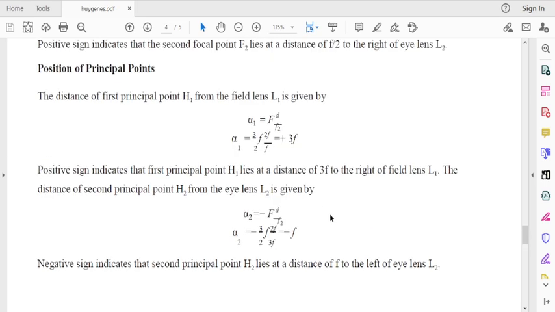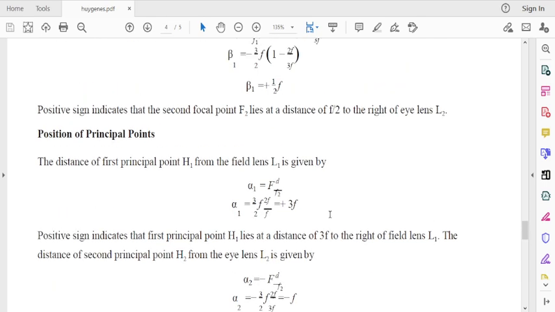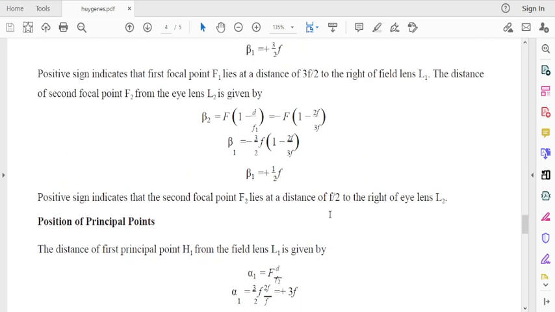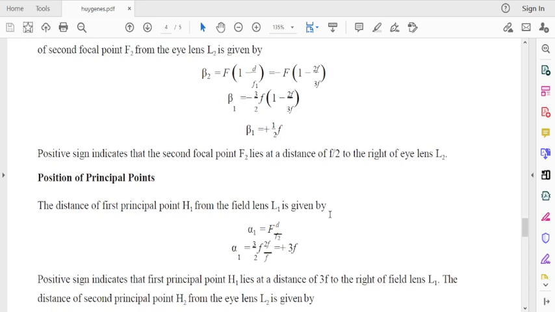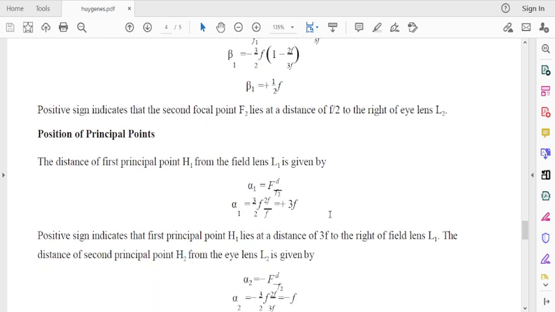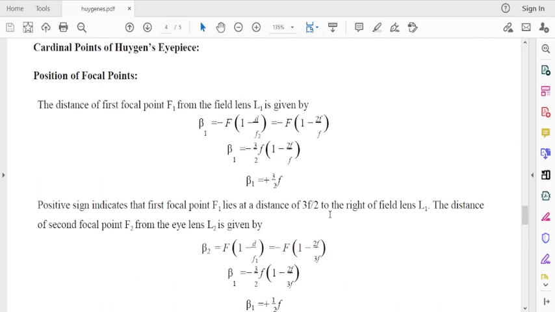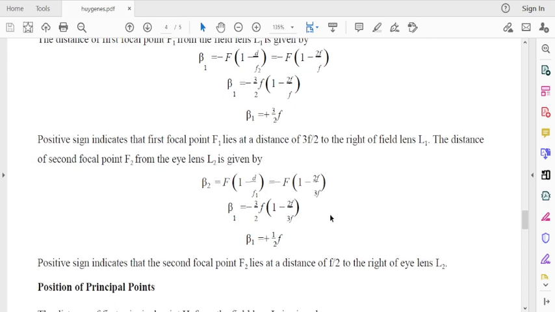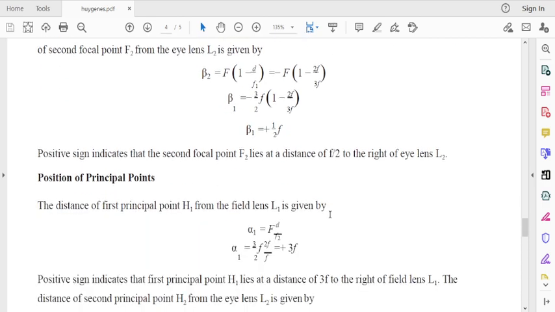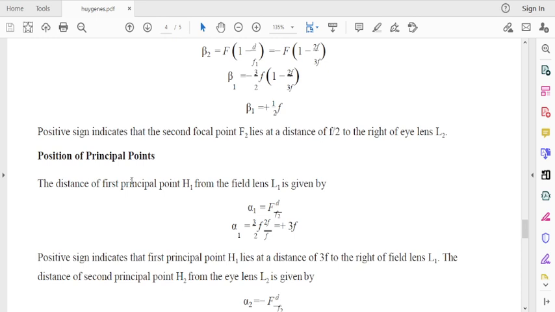Then again, see what is the position of the principal points. We have been seeing these focal points, and these are the principal points here.